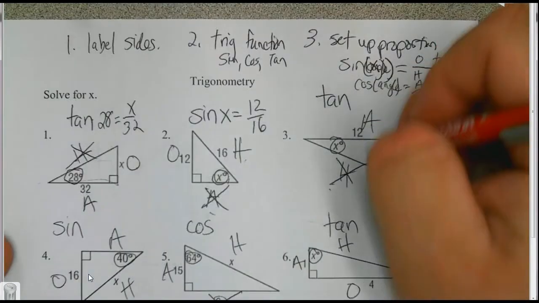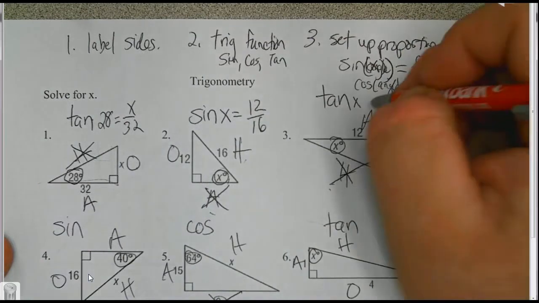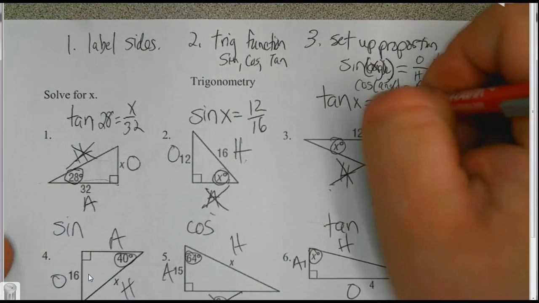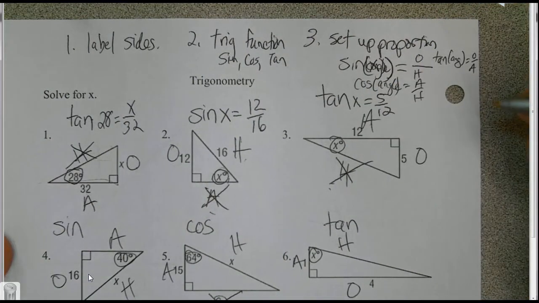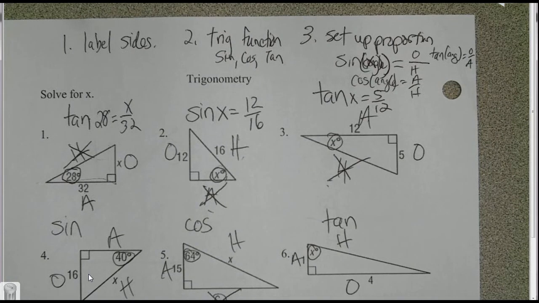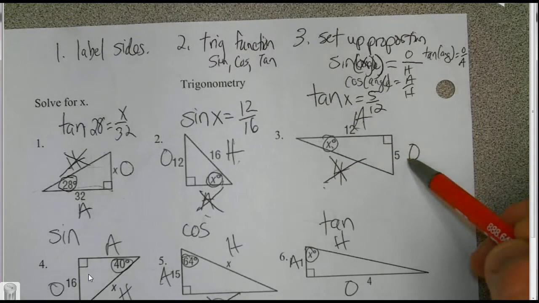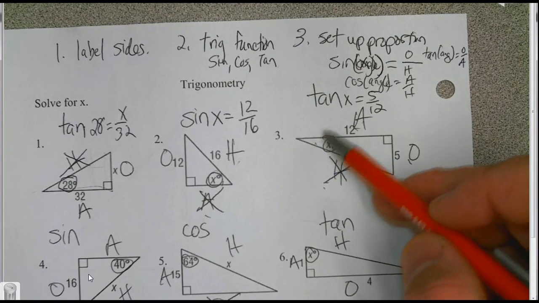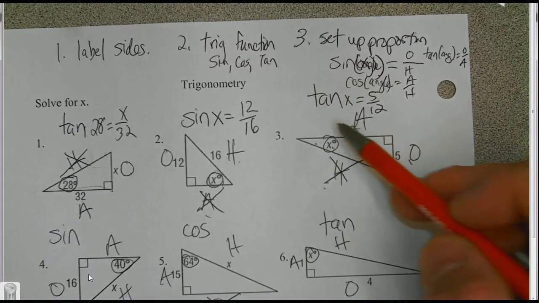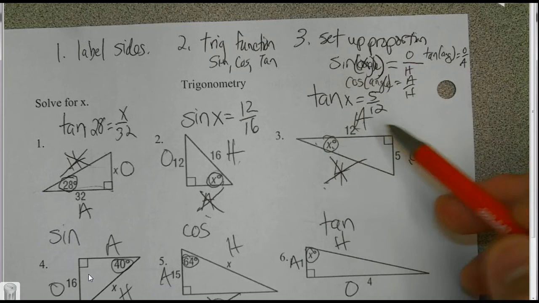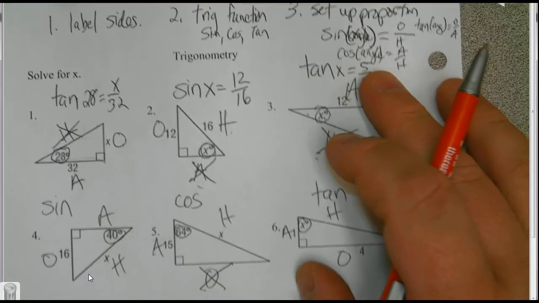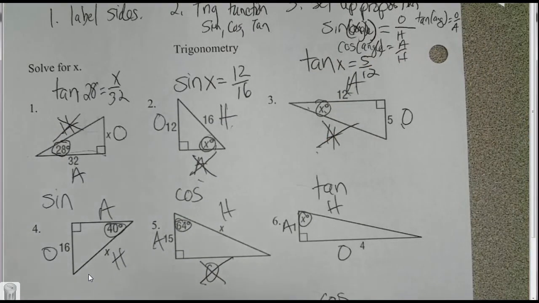Number 3, the tangent of x is equal to 5 over 12. So you can see I'm using the pattern to determine where the 3 pieces of information go: x, 12, and 5. The angle always goes next to the sine, cosine, or tangent, and then the sides go in the fraction. So I want you to go ahead and finish 4 through 12. Pause the video right now, and then we'll check them when you're done.